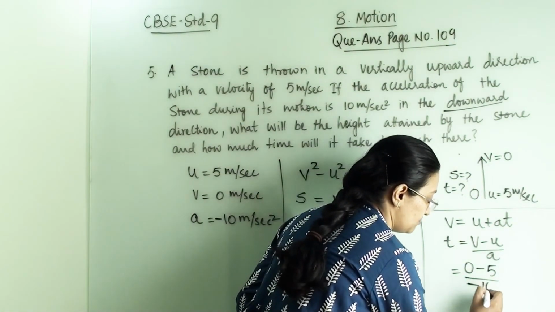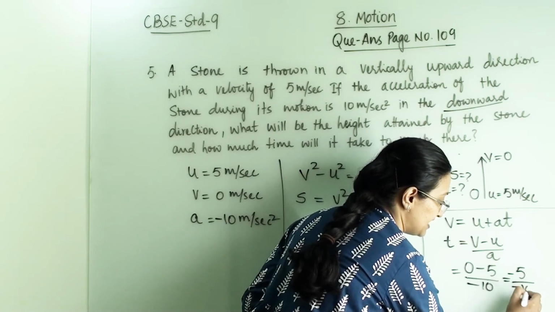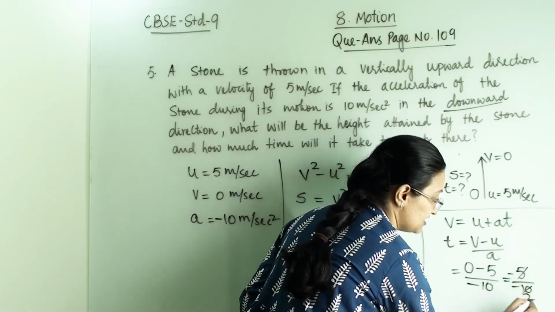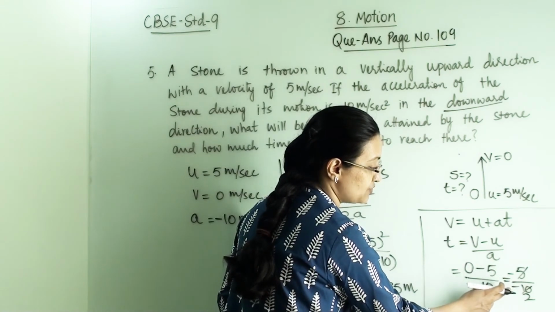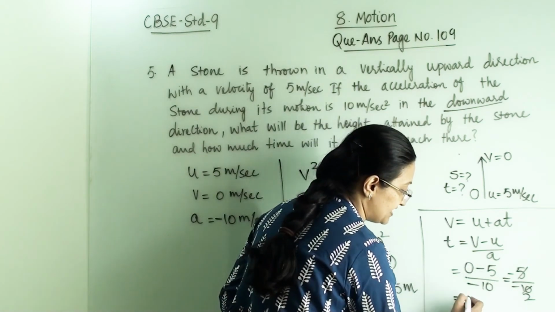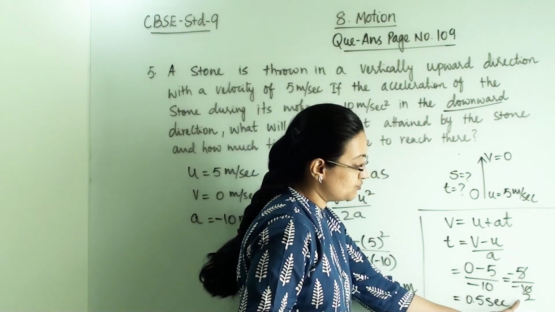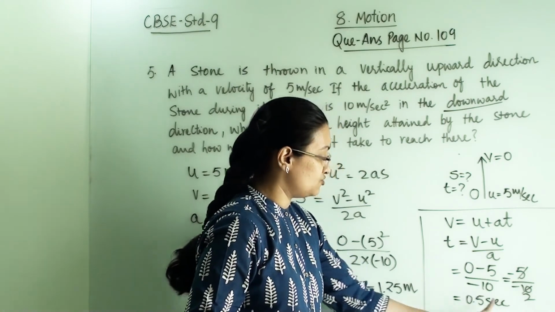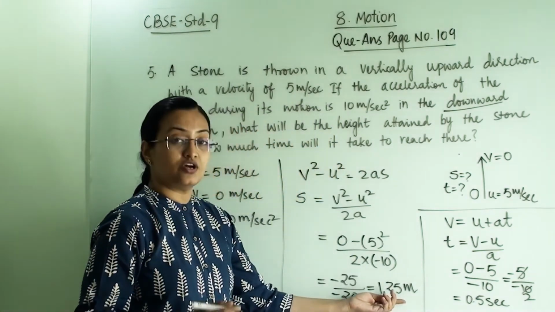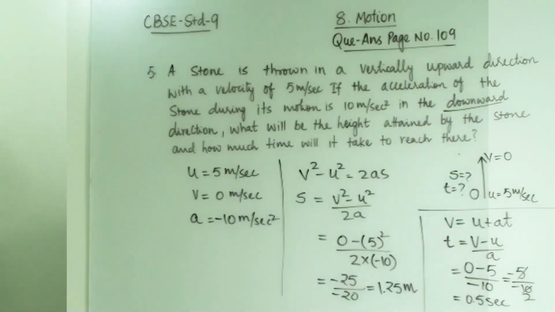So we get minus 5 divided by minus 10, which is 1 by 2, and minus minus is plus. So we get 0.5 second. So 0.5 second is the time it will require to reach up to 1.25 meter distance.